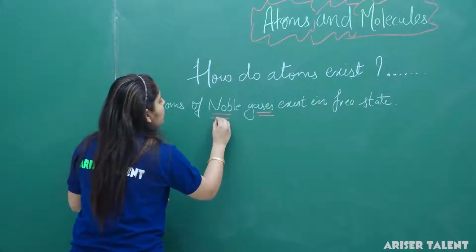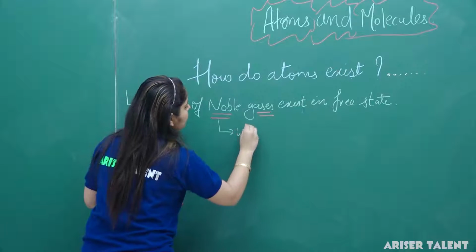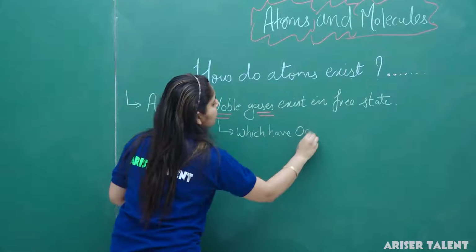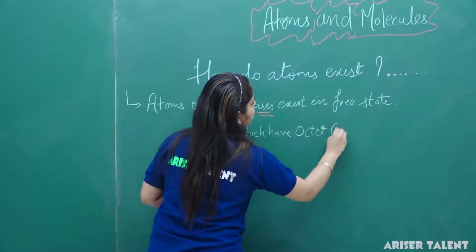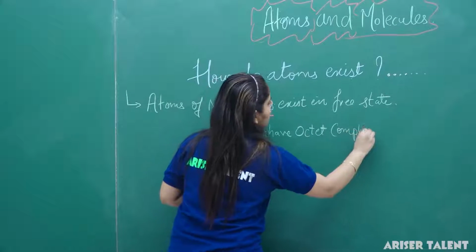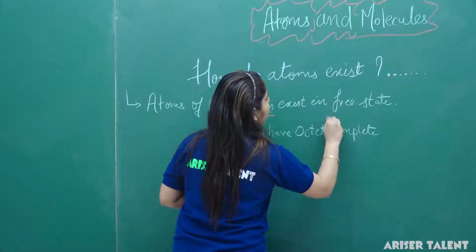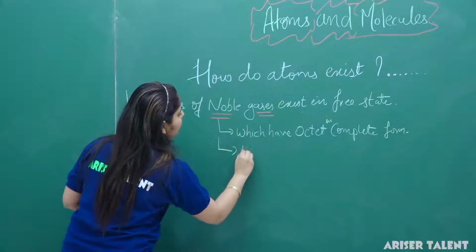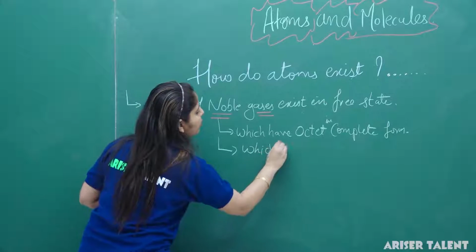Noble gases are those gases which have octet in complete form, and second, which have acquired stable electronic configuration.